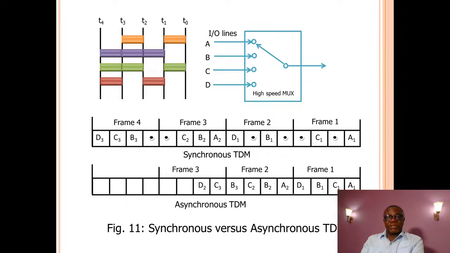And remember what we said, time division multiplexing looks at the same frequency but operates at different times. Now, the high-speed mux has a commutator there which samples the 4 input lines A to D.